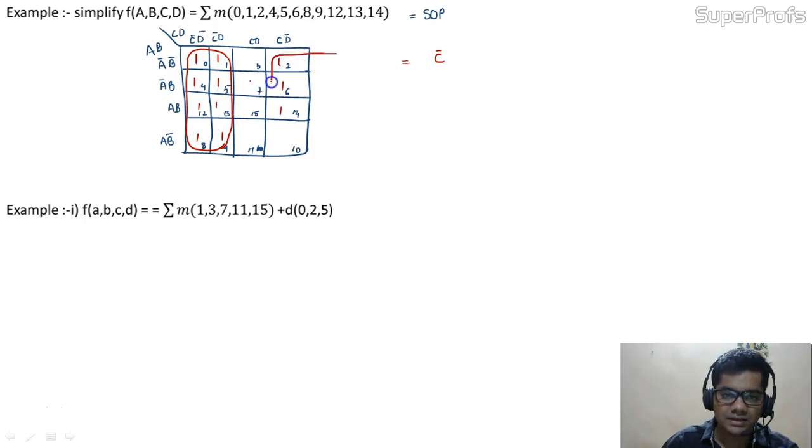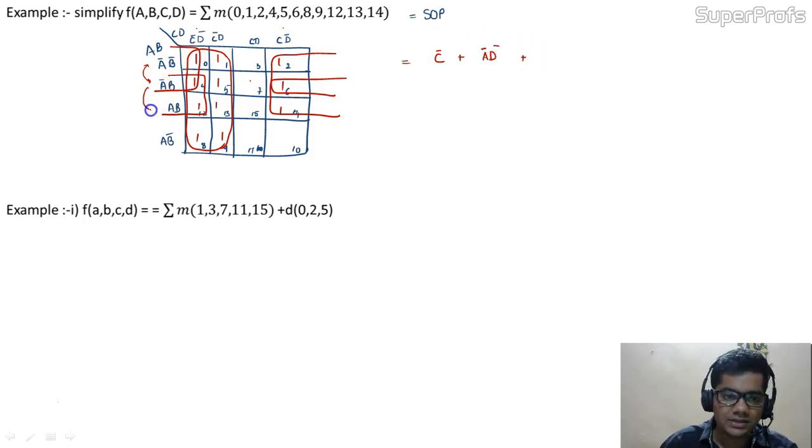Now we are able to form two quads. This is one quad and the second is this quad. So the expression for these 2 quads would be: in these 2 terms the common is A bar, so we would write A bar, and in these 2 terms the common is D bar, so we would write D bar.